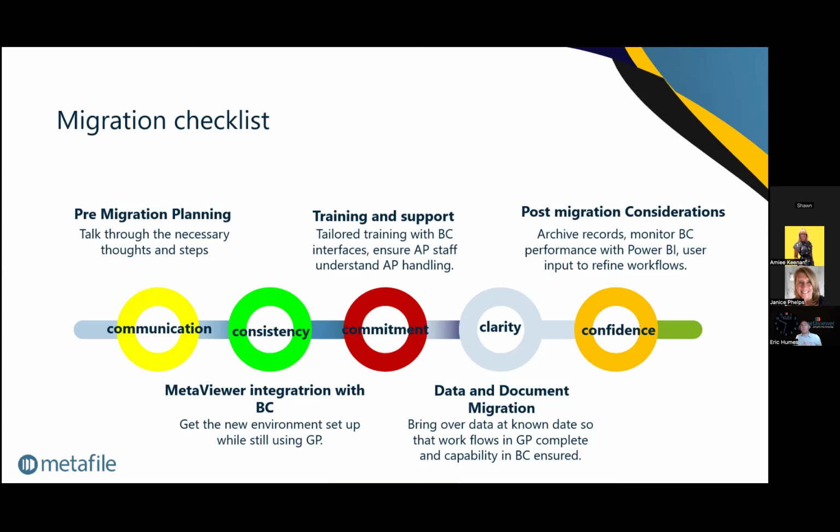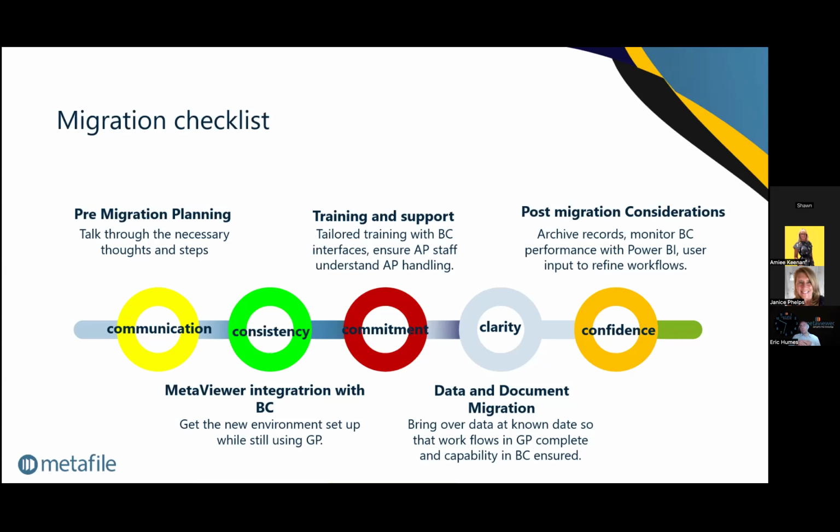So, really having open communication for pre-migration planning, being able to talk through those steps, understand what's necessary, being able to discuss what that MetaViewer integration looks like, get the new environment up to speed from GP onto BC. Make sure that there's training and support.